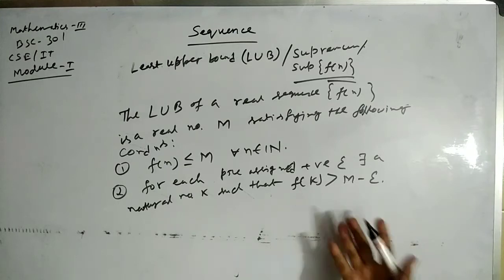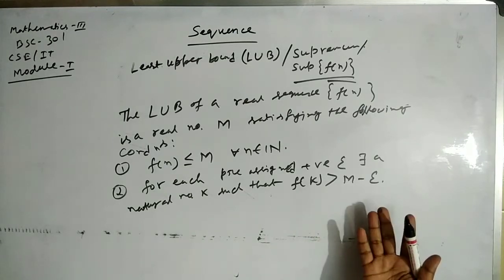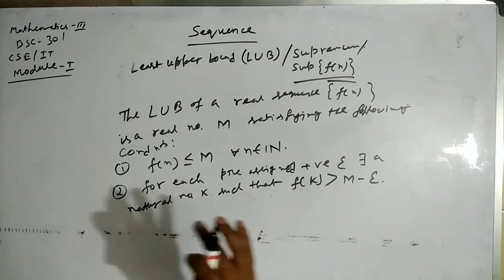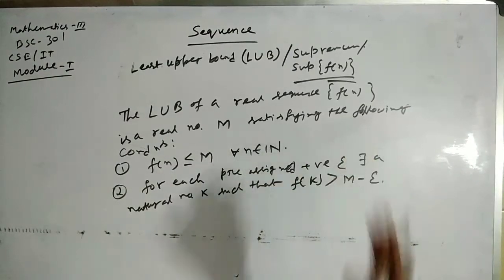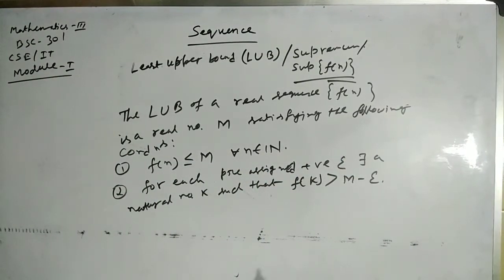So that does not remain the upper bound. That means capital M is the least upper bound. No upper bound exists which is less than m. So m is called the least upper bound or supremum, and it is denoted by supremum Fn. Okay, so this was the definition of least upper bound.